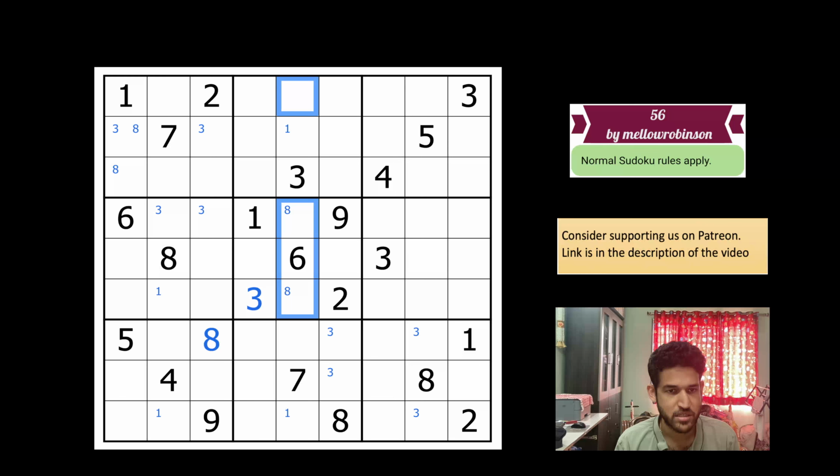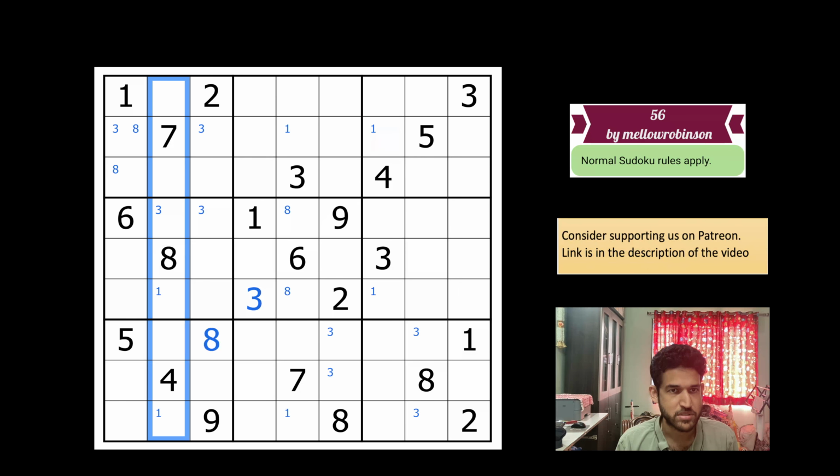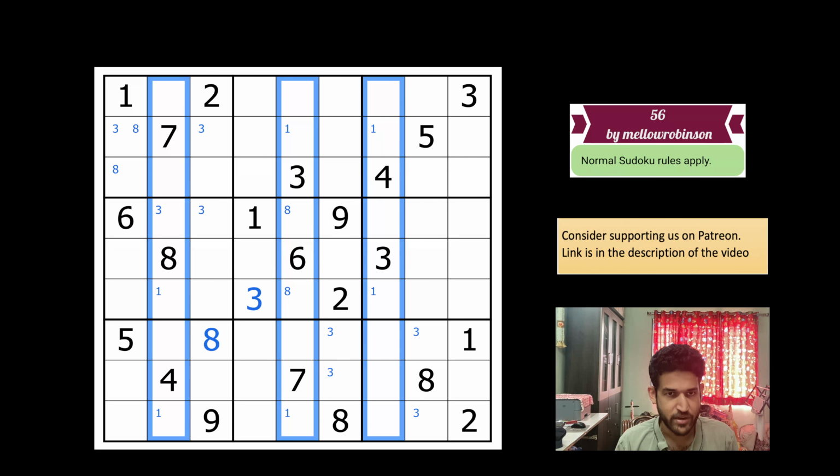Rest of the cells can't take a 1. And 1 in column 7 has to be here or here, right? Only these two possibilities.